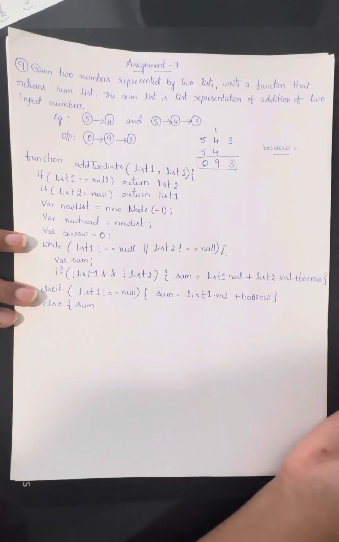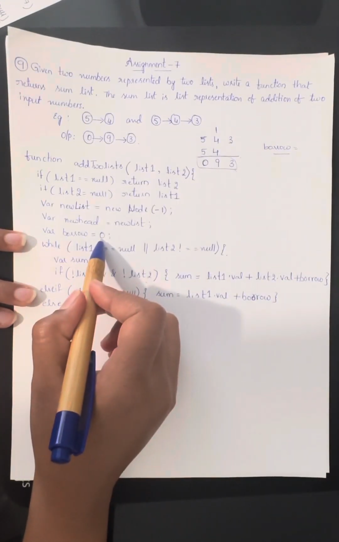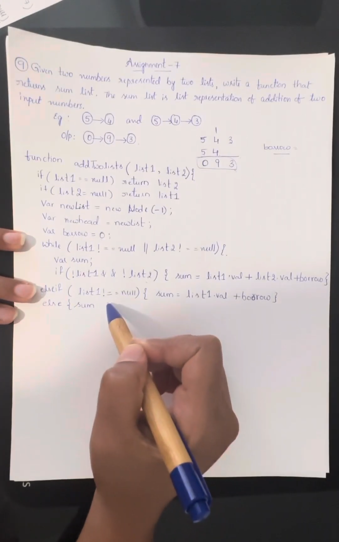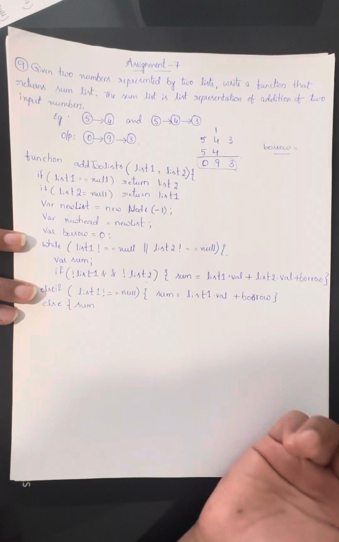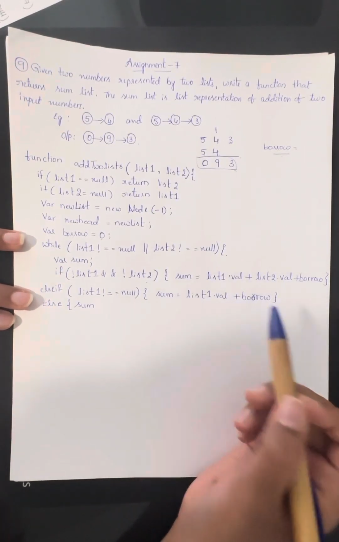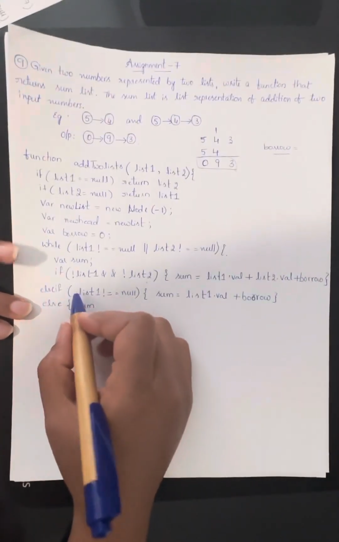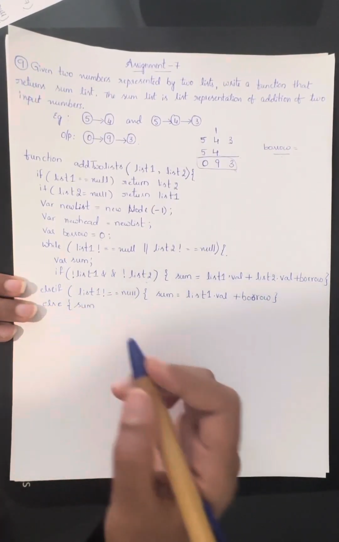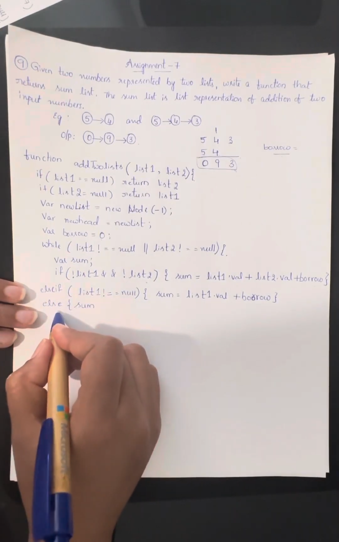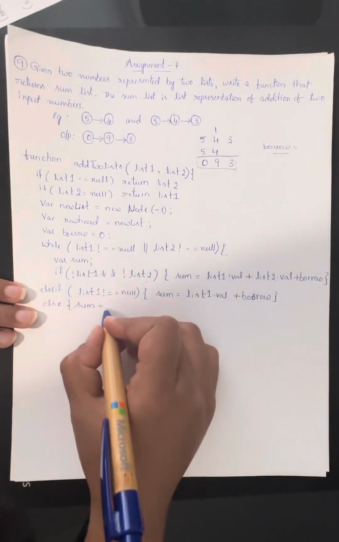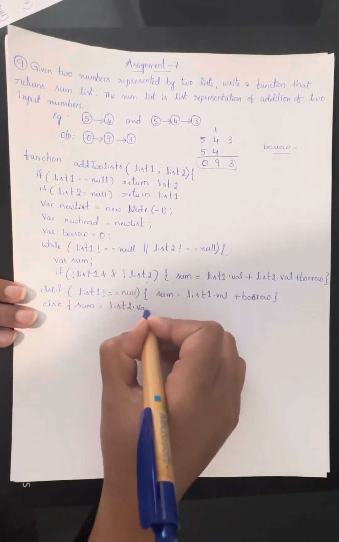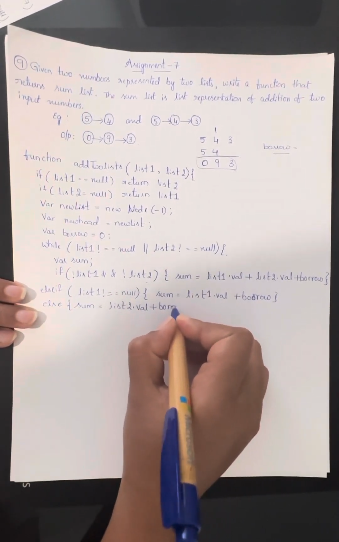If there is no borrow, we have 0 as the value of the borrow, and if only list 2 is null and list 1 is not null, then to the sum we add list 1 dot value and the borrow. If this is also not true, then list 1 is null and list 2 is not null, which comes to the else condition. So in the else condition we'll have sum equals list 2 dot value plus borrow.